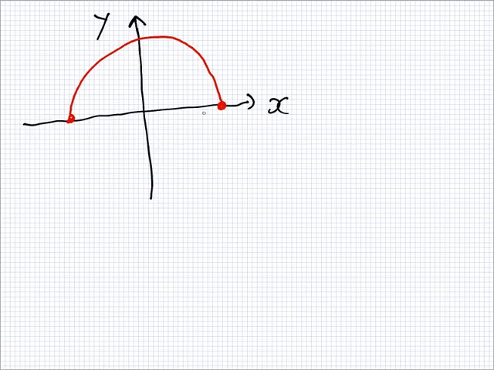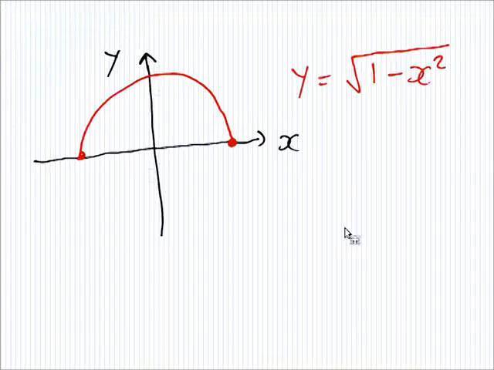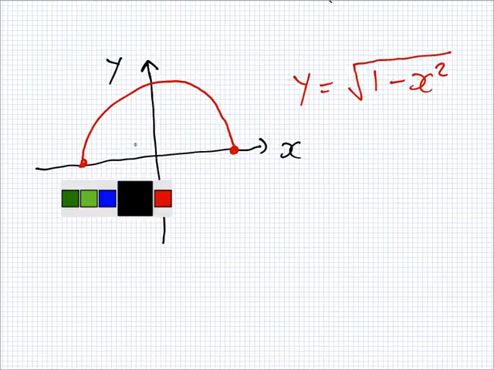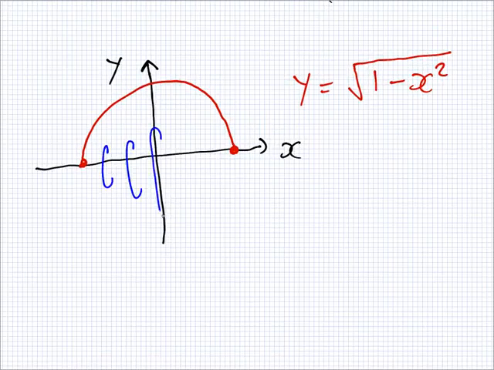Okay, so here, this curve is y equals square root of 1 minus x squared. Sorry, hang on. There we go. So you rotate this, and what shape do you make?